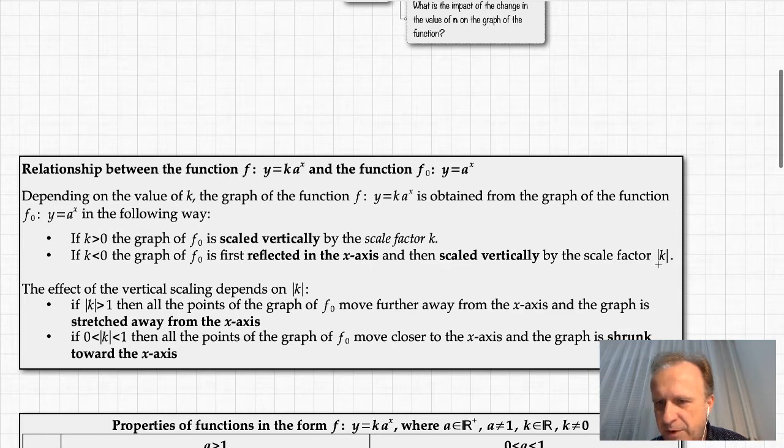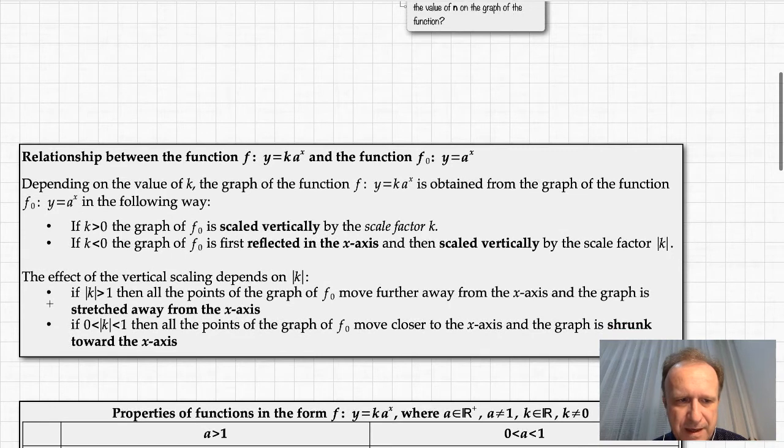As I said before, the scale factor has to be positive, and therefore when k is negative you have to use the modulus of k here to get the positive scale factor. Now, the effect of the vertical scaling depends on the modulus of k. If modulus of k is greater than 1, it means that k is either greater than 1 or less than negative 1.